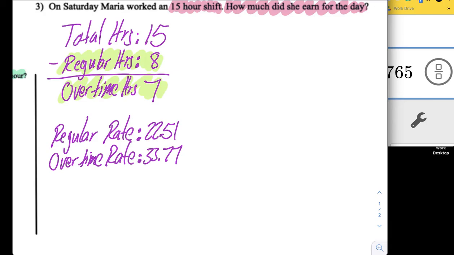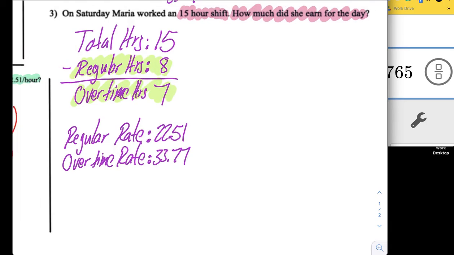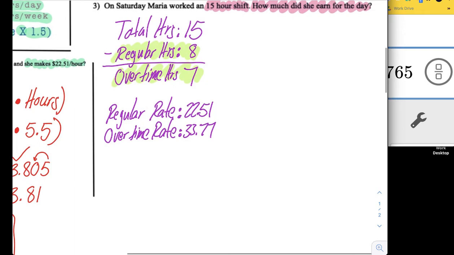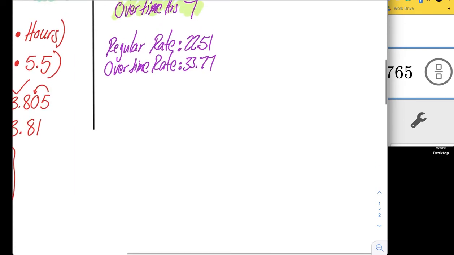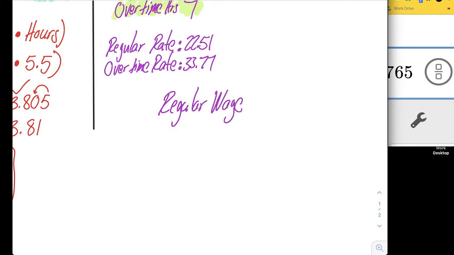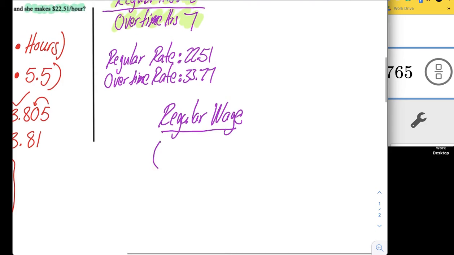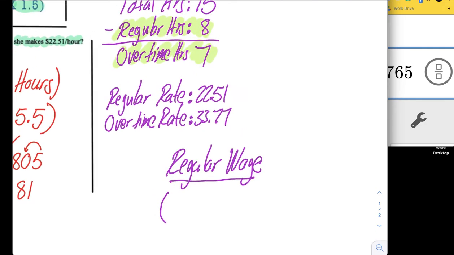First, I'm going to take her regular wage. Her regular wage was the rate. What is her regular rate?